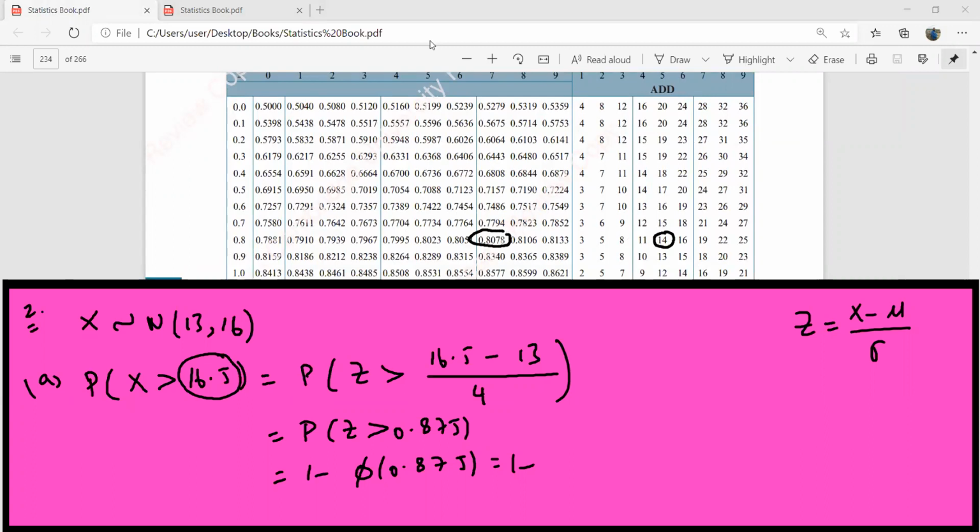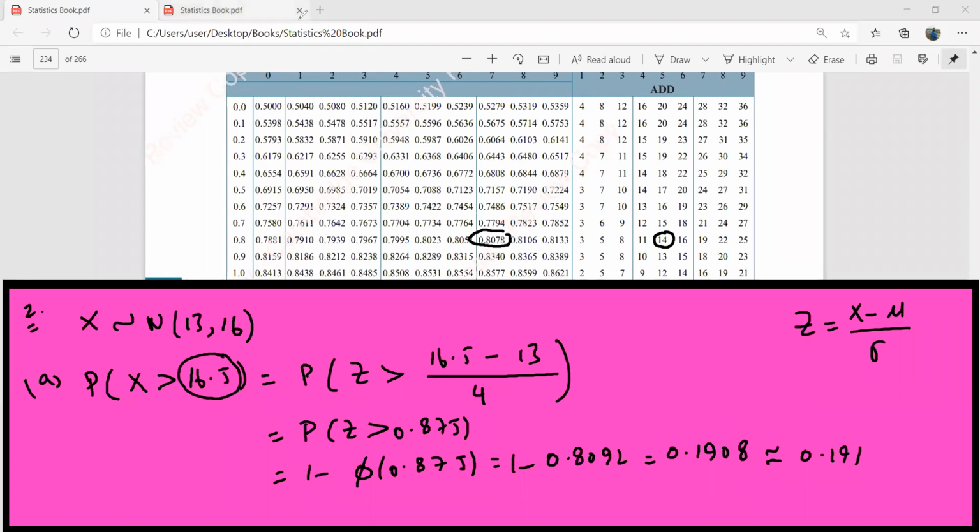So we have 0.8092. So 1 minus 0.8092 is going to be 0.1908, and you can write it as 0.191, correct to three significant figures.